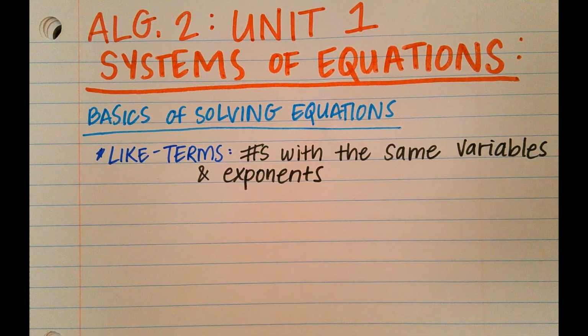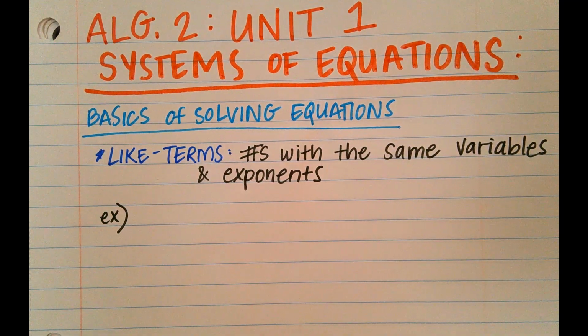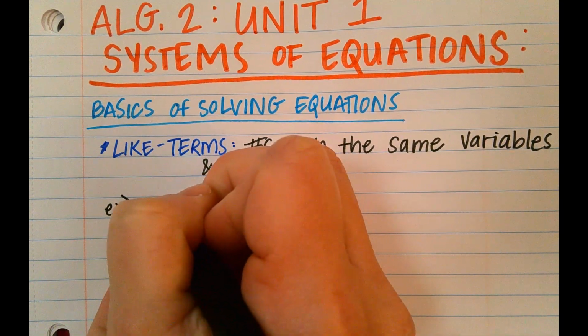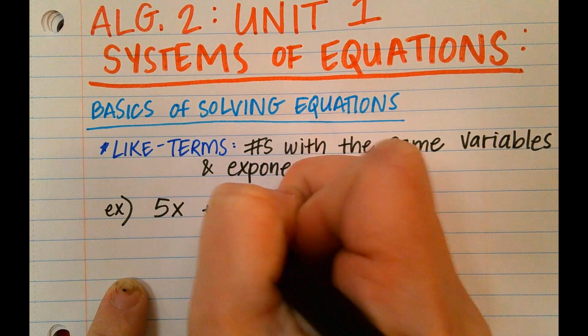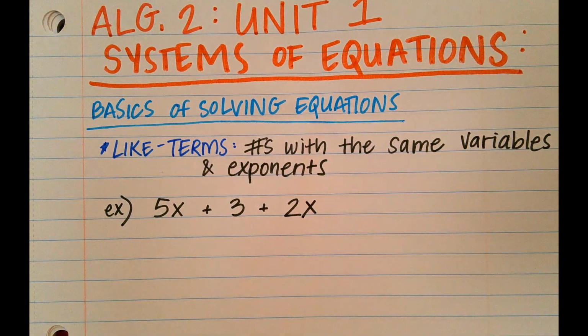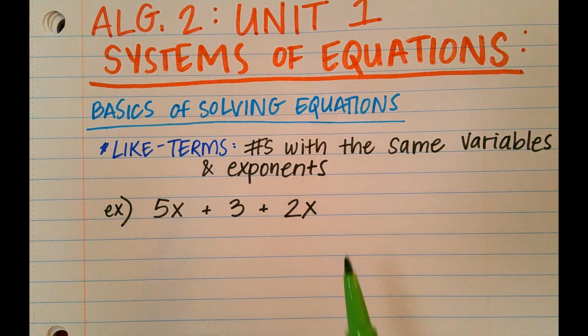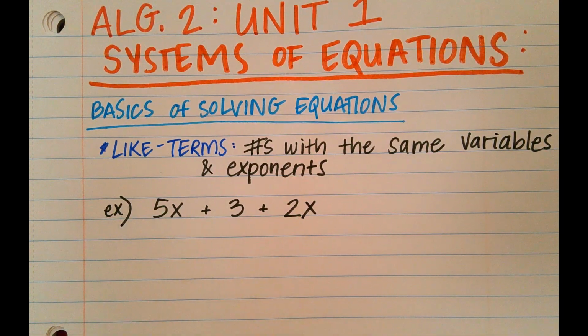So for example, if I have 5x plus 3 plus 2x, what are my like terms? 5x and 2x. Yes, thank you.